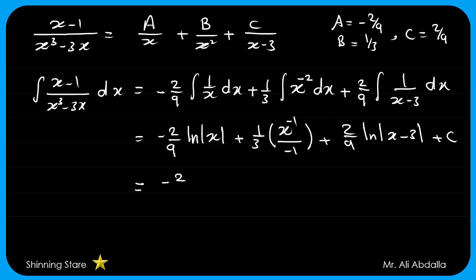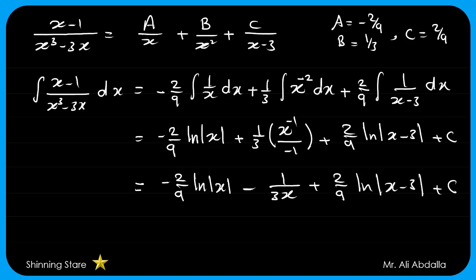Simplify: negative 2 over 9 ln absolute value of x, minus 1 over 3x, plus 2 over 9 ln absolute value of x minus 3, plus constant.